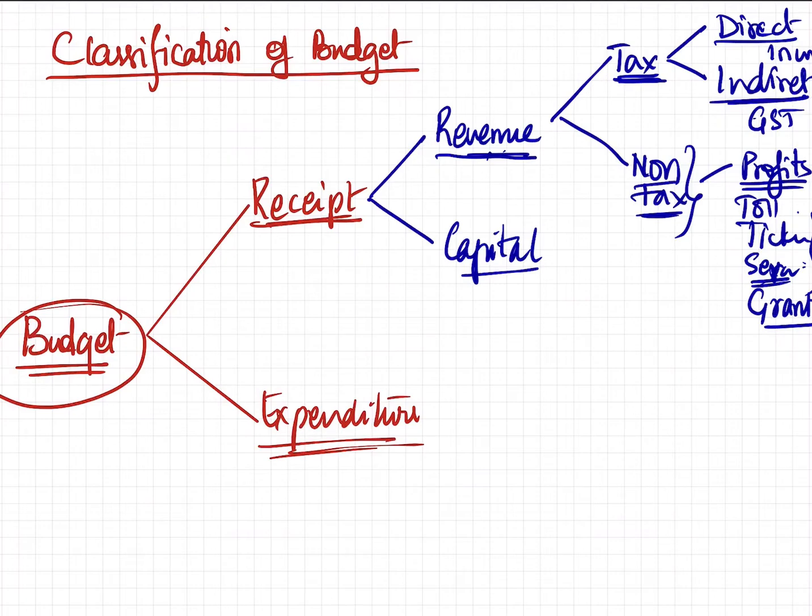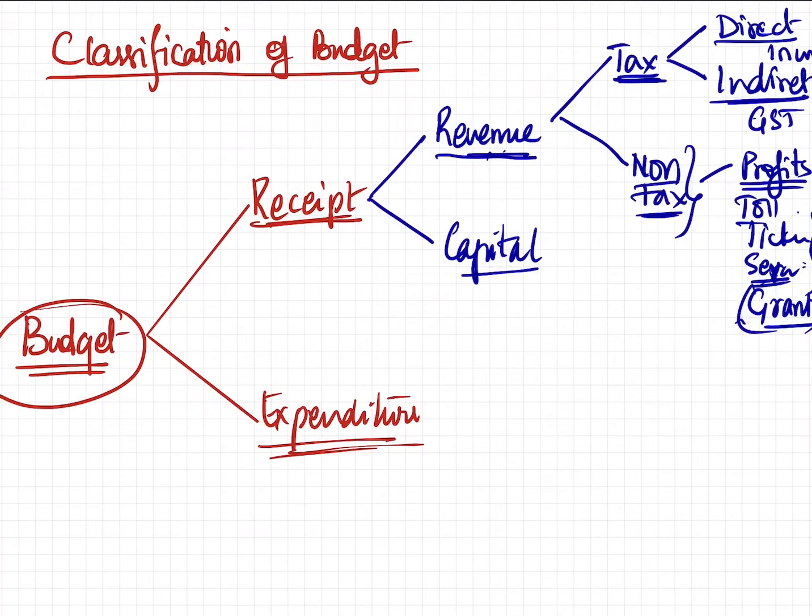For example, a foreign country can give the government of India certain grants. What are grants? Grant is any money that the government does not have to give back. It's like a gift. So grants therefore do not increase liability, nor reduce the asset. So grant is also a revenue receipt. I hope it is clear. So profits, toll, tickets, fines also, the fine that you pay when you break traffic rules, etc. That also is revenue receipts.